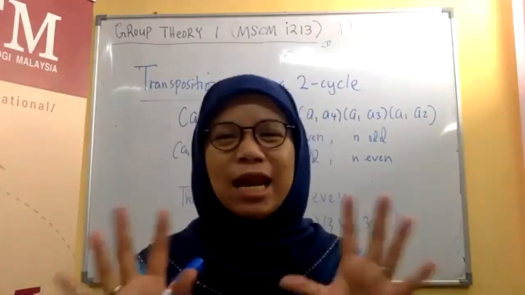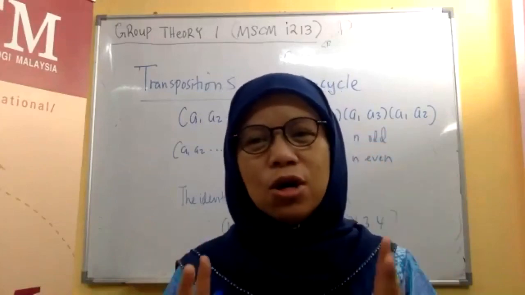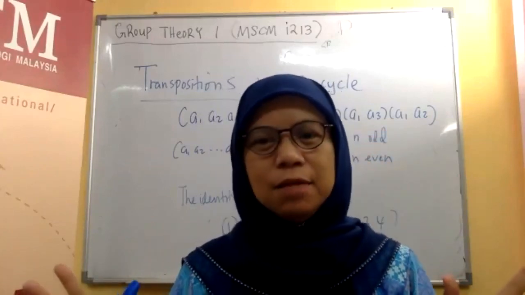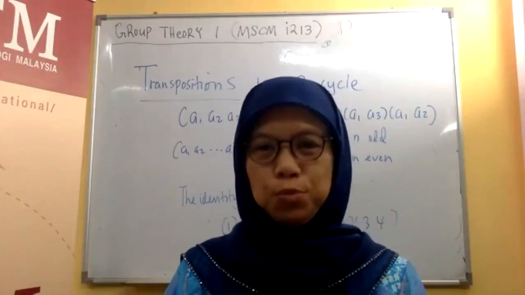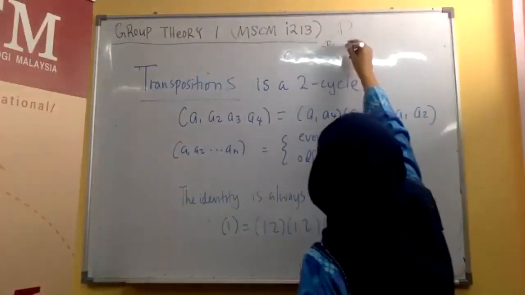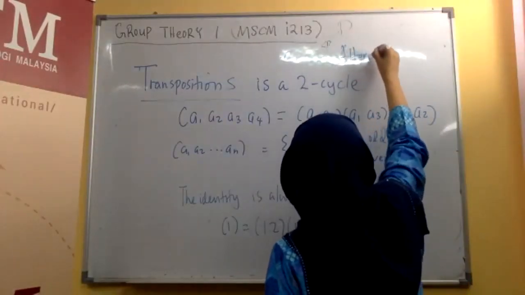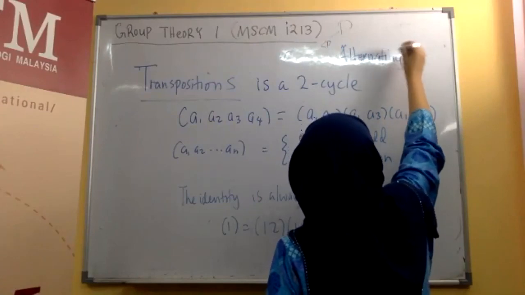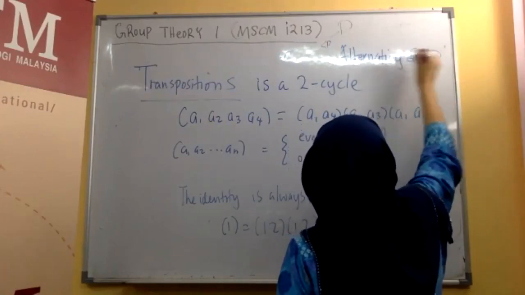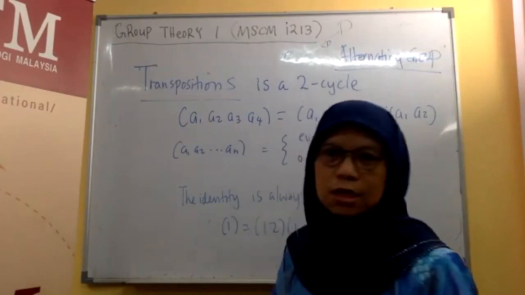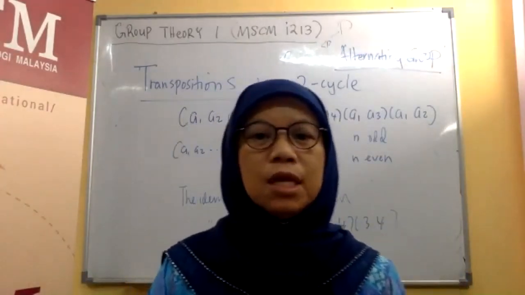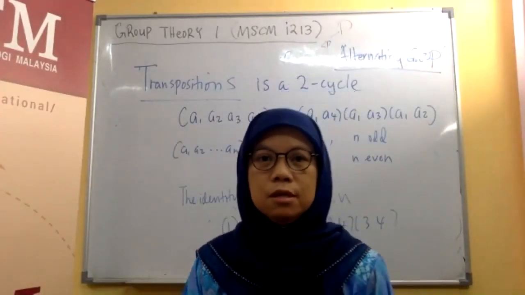Anyway, if you collect all even permutations, it becomes the alternating group. So the alternating group is the set of all even permutations.